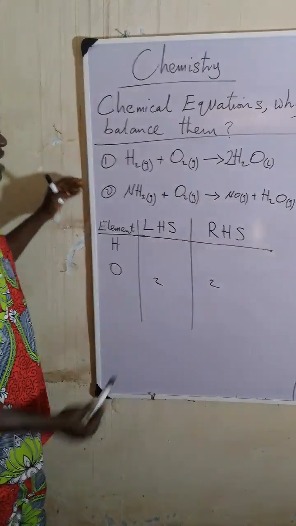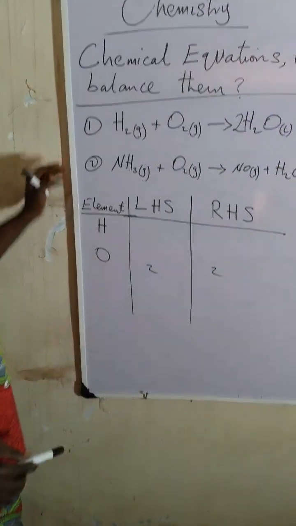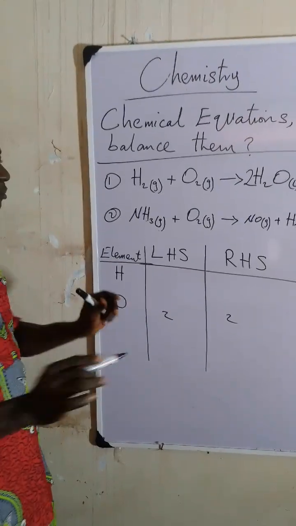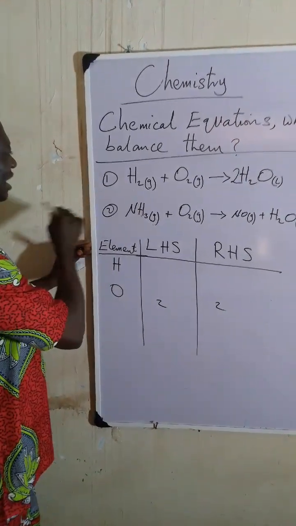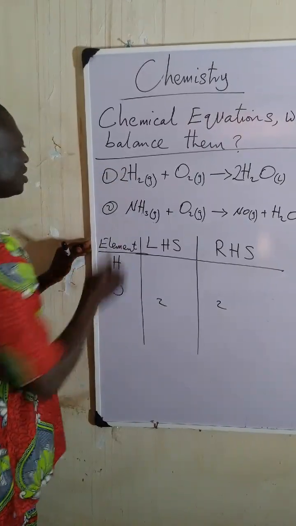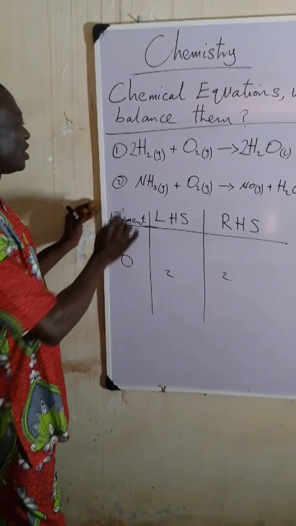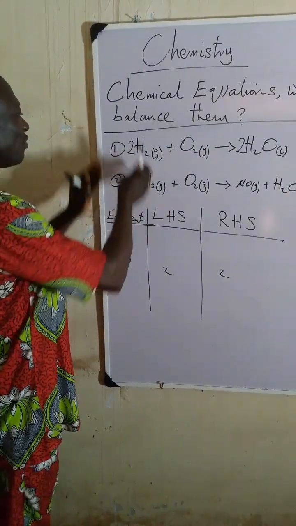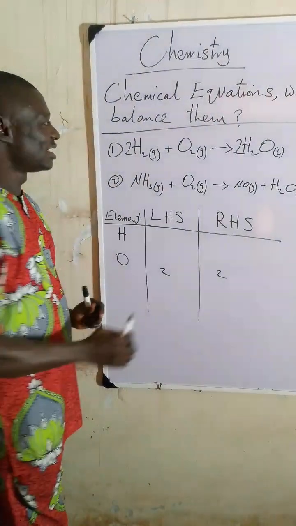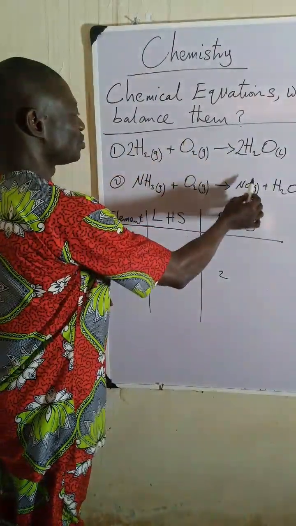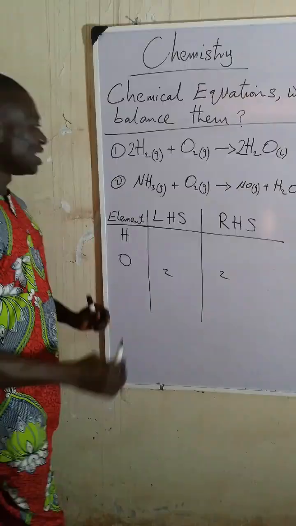But on the other side, what do we have? We have only 2. What do we do? We come to the reactant side and add 2 here, so that hydrogen will be 2 times 2, which is 4 on the reactant side. Then 2 times 2 is also 4 on the product side.